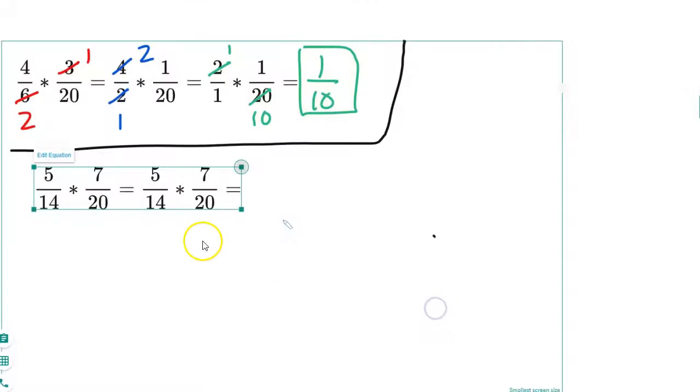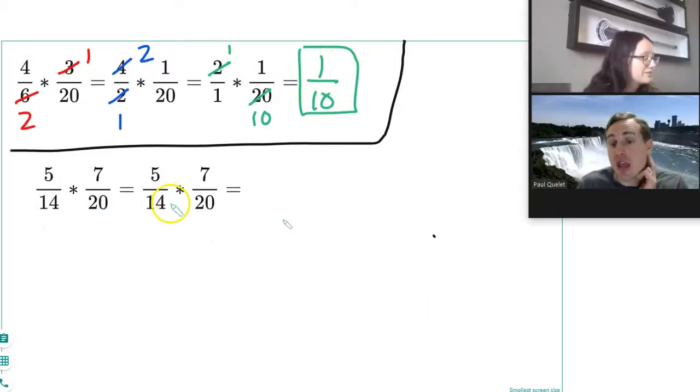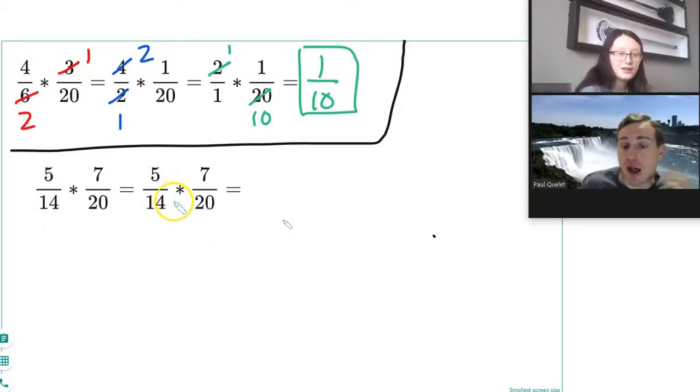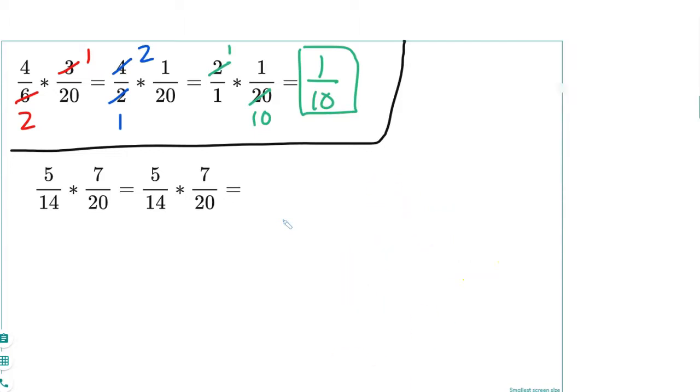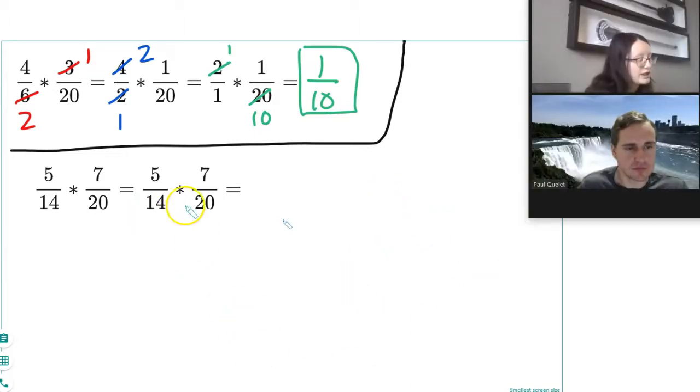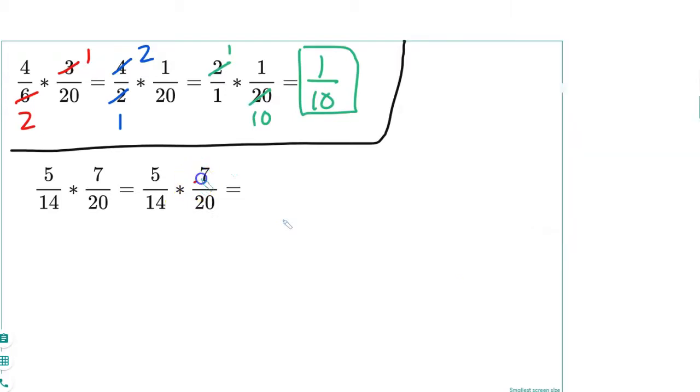You don't necessarily have to start anywhere in particular. You can start off with whatever simplifying you want in terms of the steps. It doesn't matter which factor, as long as it is a factor. 7 and 14: what would be the common factor there? 7. I agree. So you're saying divide this by 7, divide this by 7, and what are we going to get when we do 7 divided by 7? 1.